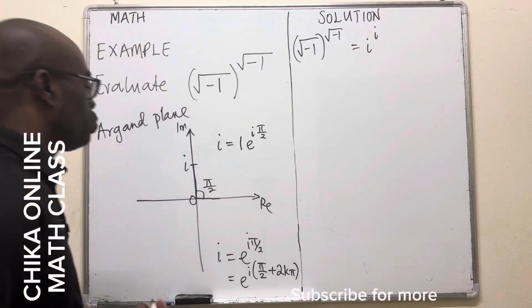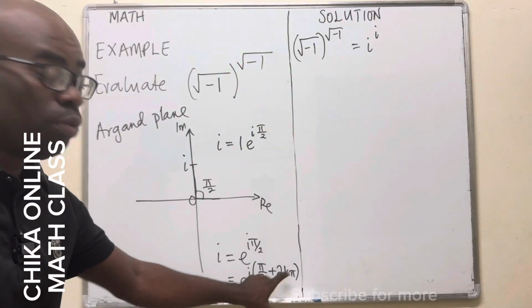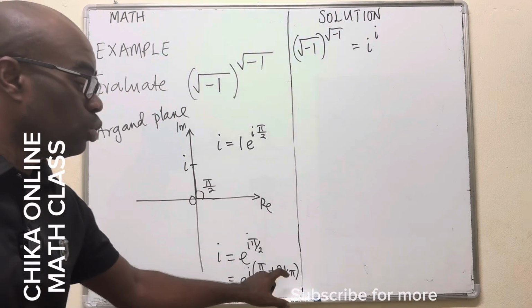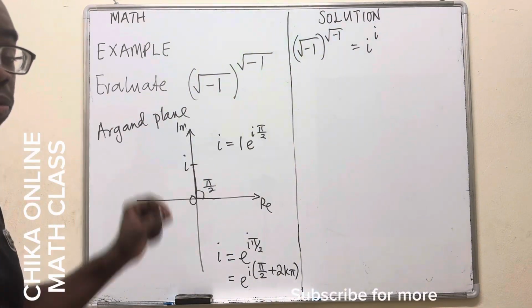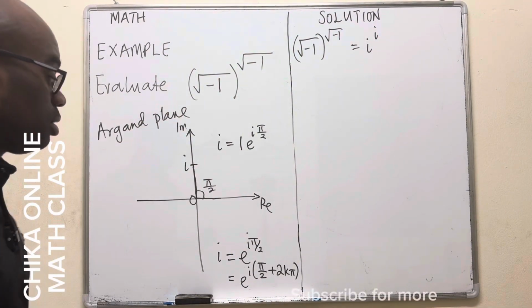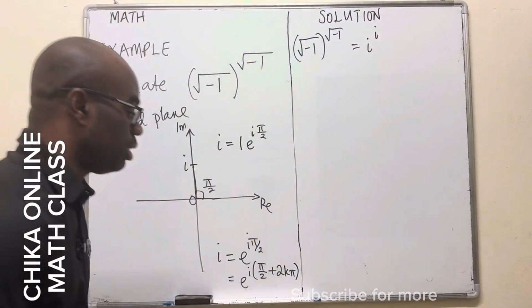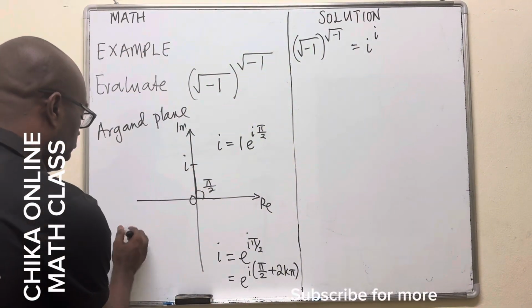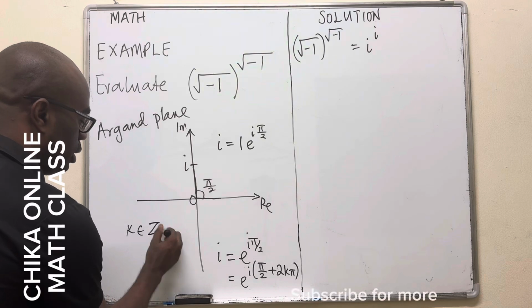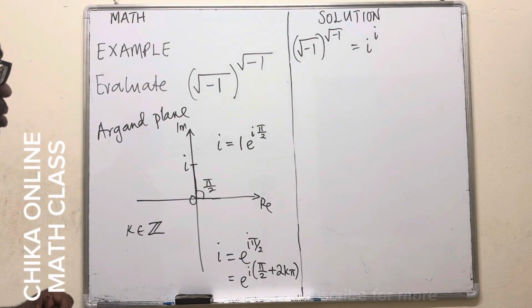Why did we write 2k pi? 2 pi is like 360 degrees, so 2k pi is an integral multiple of 360. So k is an integer, k is in Z, the set of integers.